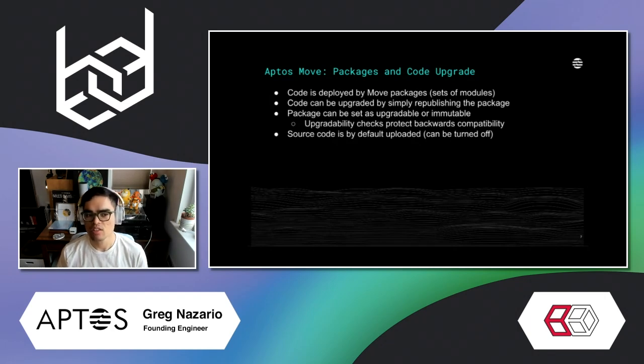Additionally, packages can be set as upgradable or immutable at creation time. And you can actually upgrade them from upgradable to immutable. That way it gives you the flexibility that you want to be able to upgrade the contract later or prevent it from changing specifically for whatever use case you want.